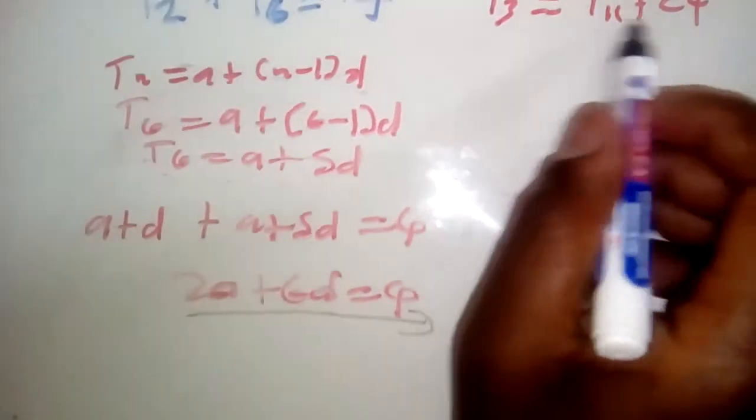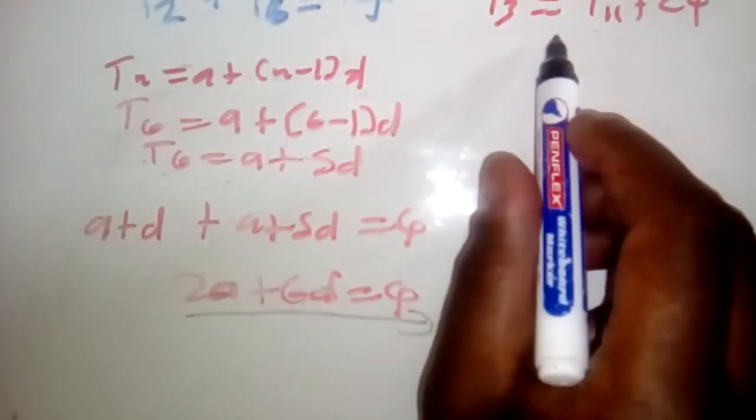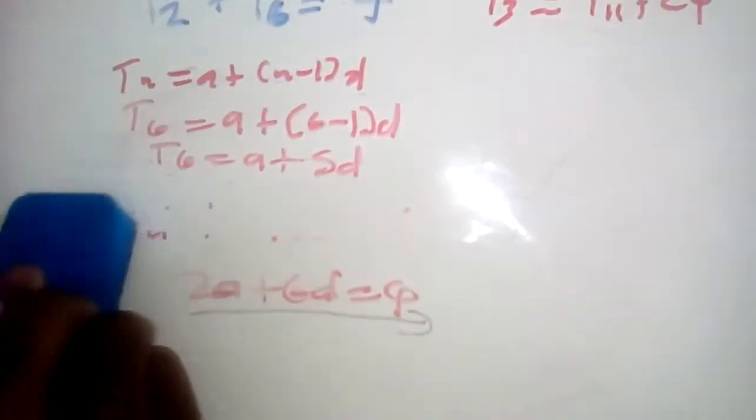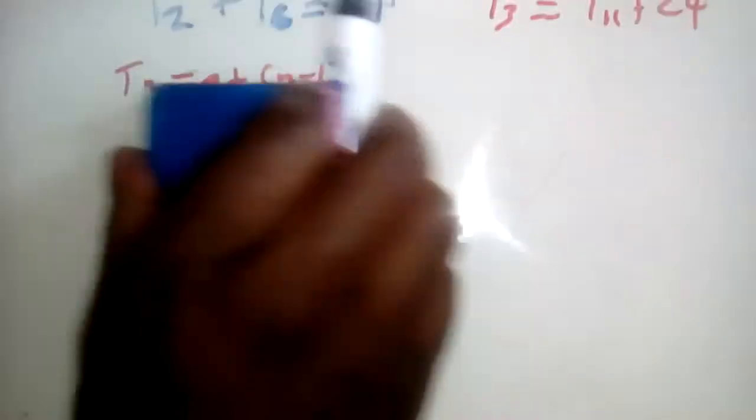So using this information, I'm going to do this exact same thing for this one now. You can even pause the video and see if you can do the exact same thing.